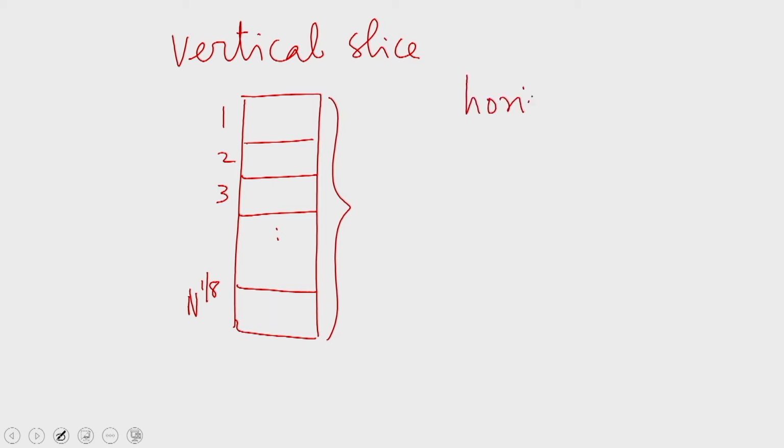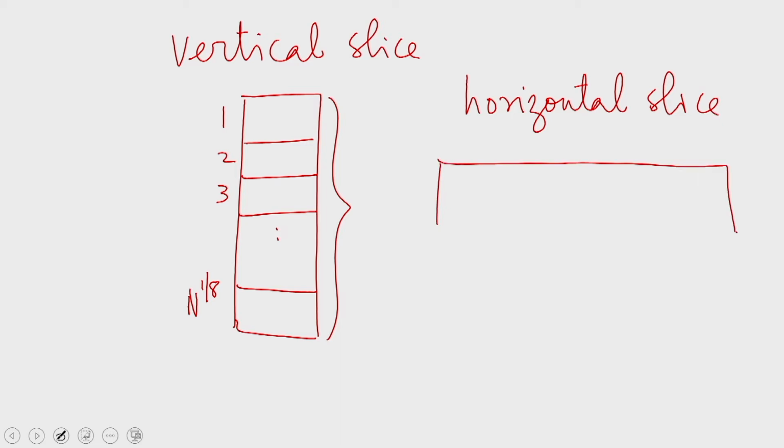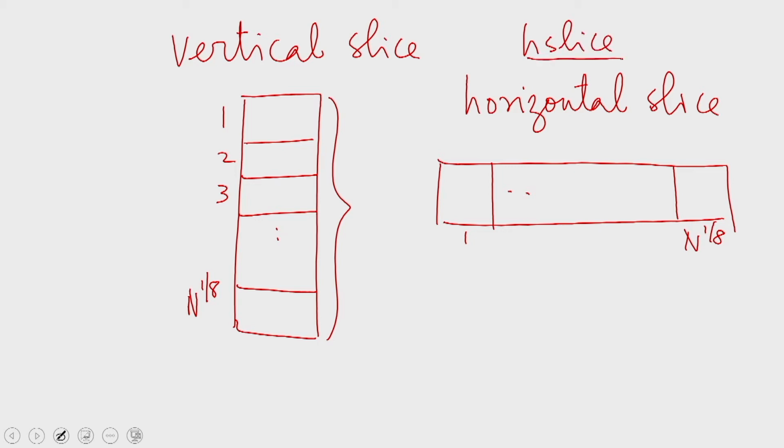Similarly, a horizontal slice is a set of blocks that appear consecutively horizontally. So, we will use the short form H slice for a horizontal slice and V slice for a vertical slice.